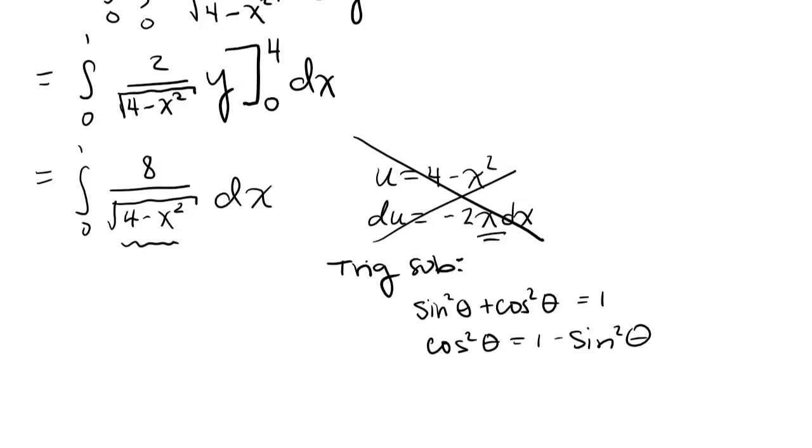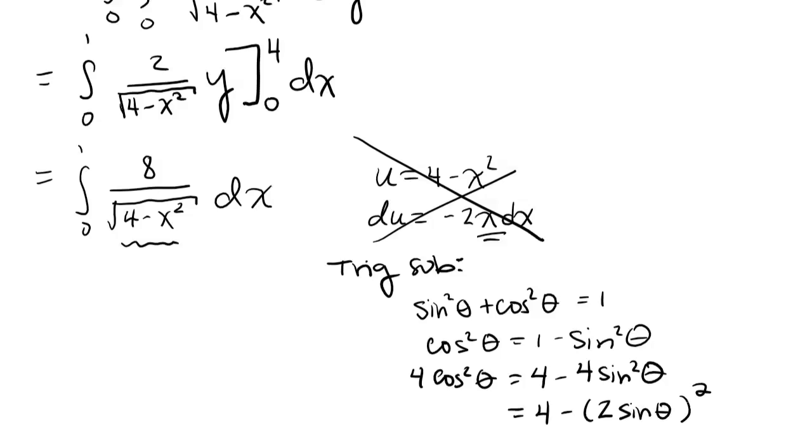Now this right-hand side almost has the structure I want, except that it's a 1 minus instead of a 4 minus. So let's just multiply 4 everywhere. So 4 cosine squared theta is 4 minus 4 sine squared theta. Or another way to write that right-hand side is 4 minus 2 sine theta quantity squared.